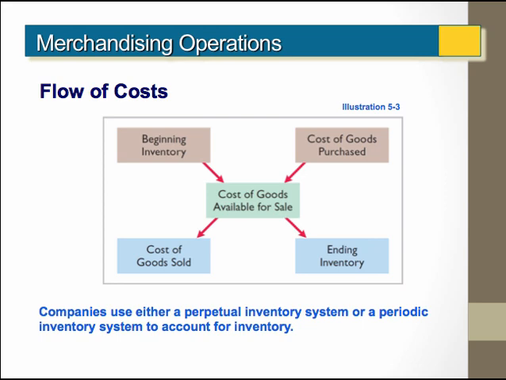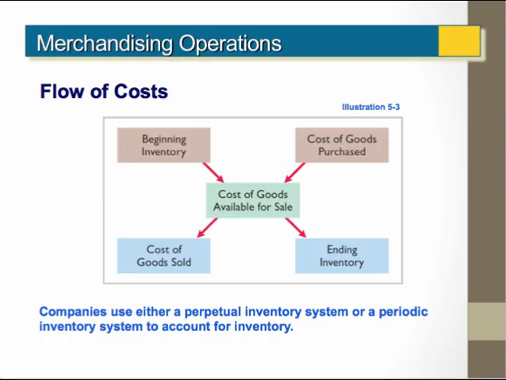Typically, companies that use the periodic inventory system will need to make a physical inventory count of all their inventory at the end of the period in order to determine how much is in ending inventory. By calculating the cost of goods available for sale and subtracting out how much is in ending inventory at the end of the period, we can calculate how much the cost of goods sold is.